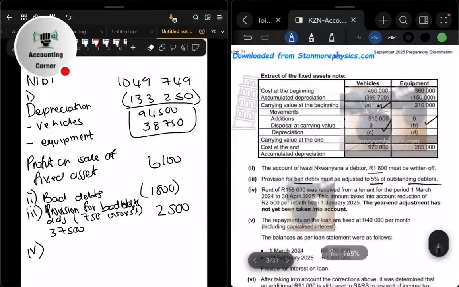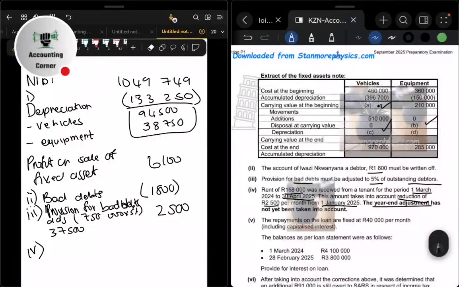4 says rent of 158,000 was received from a tenant for the period 1st March 2024 to 30 April 2025. So our year ends on the 28th of February. So anything after that is income received in advance, because we are the ones receiving the income. This amount takes into account a reduction of 2,500 per month from the 1st of January 2025.